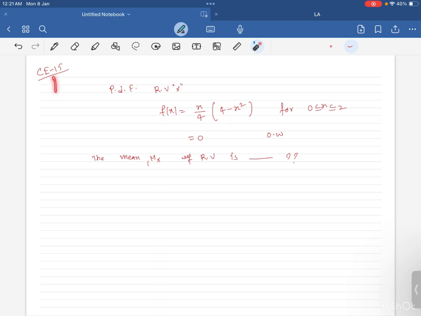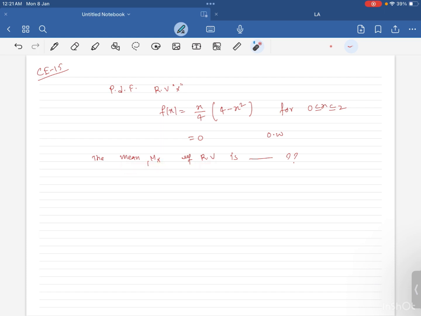So this question is from Civil, and we are given the probability density function of random variable x. This is the probability density function, from 0 to 2 and otherwise it is 0, x divided by 4 into 4 minus x square. What we have been asked is the mean of this random variable x.